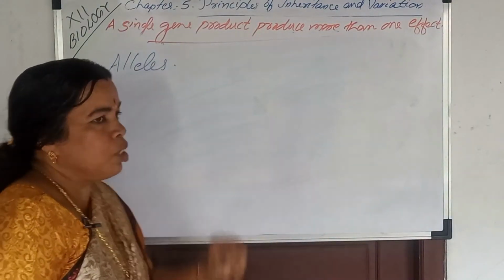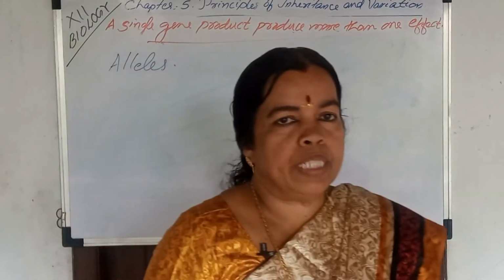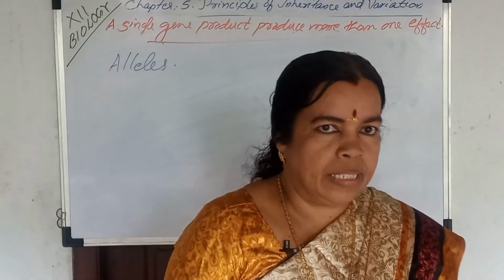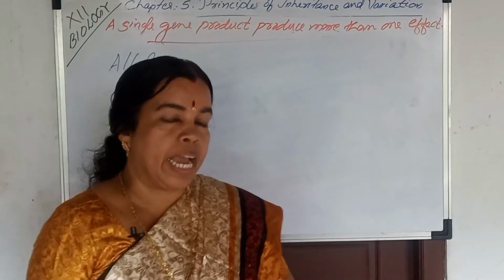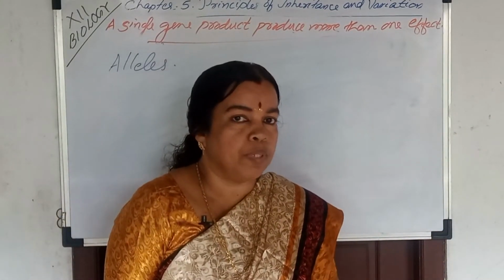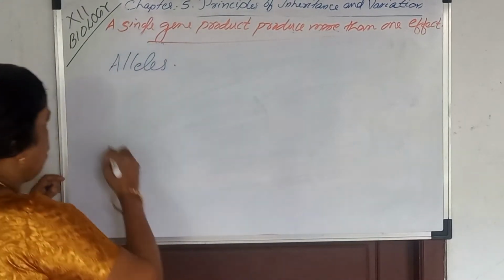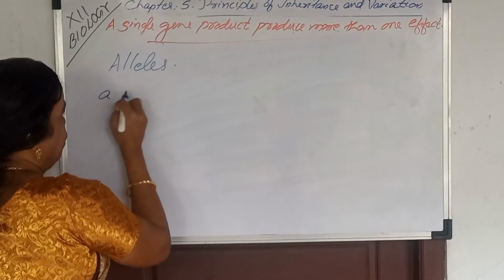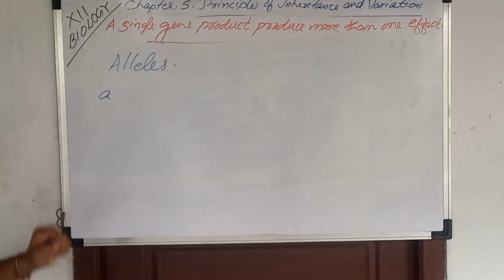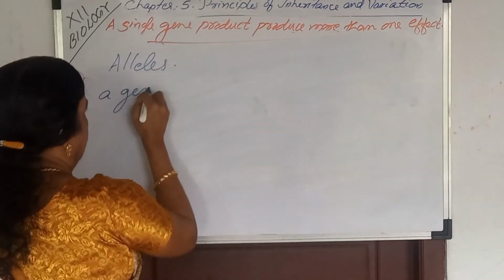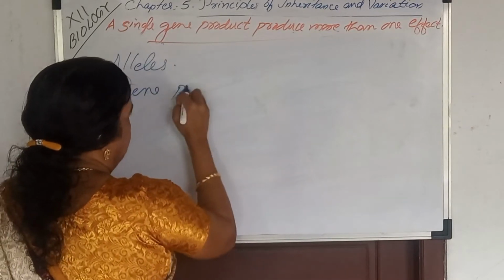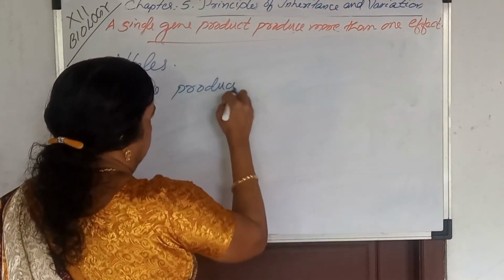But sometimes one allele may undergo some changes. Due to those changes, the information it carries also changes, or sometimes it is modified. So take the example of a gene which produces an enzyme.